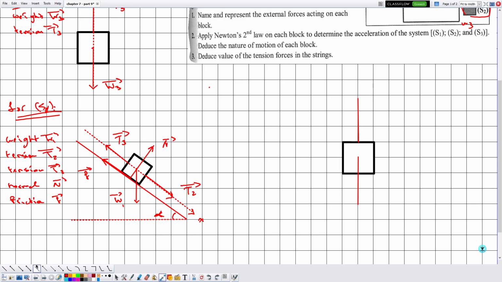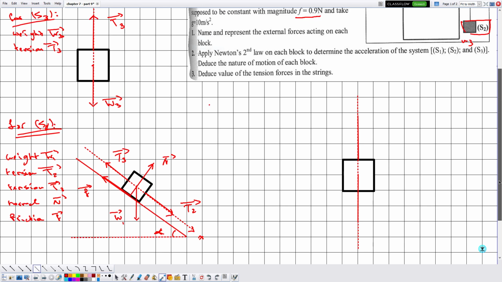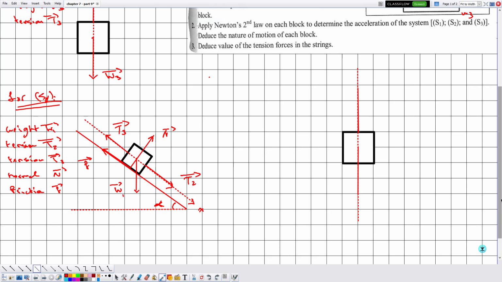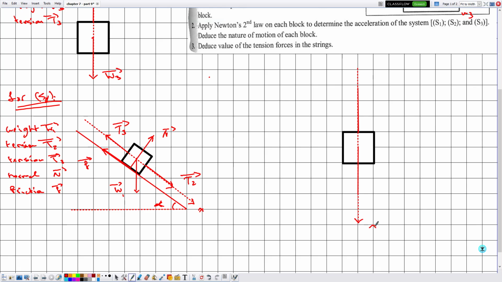And we'll choose the direction of motion as the positive x direction, exactly opposite to the one above. In this case this will be the positive direction of the x-axis. This is the weight W3, this is the tension T3. So what are the forces acting for the solid S3?